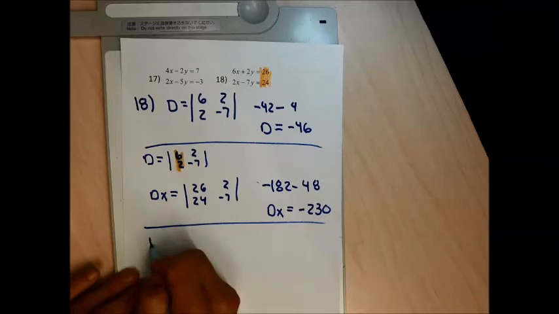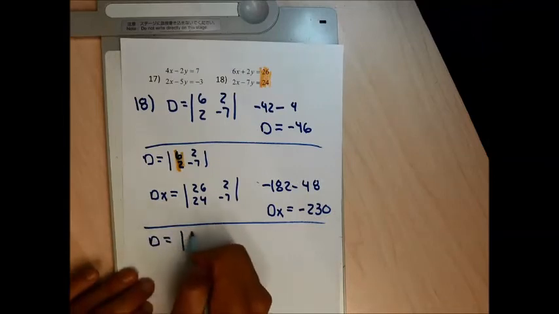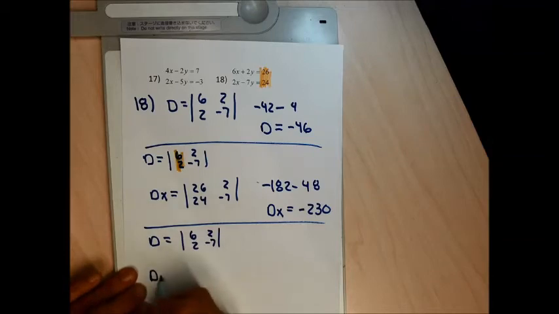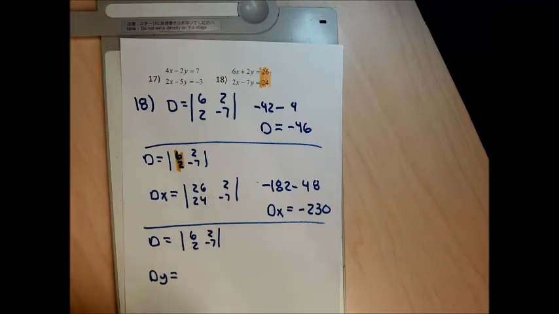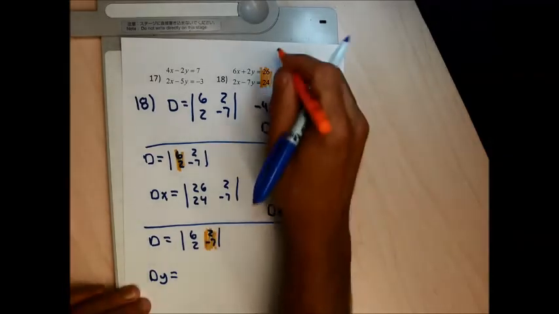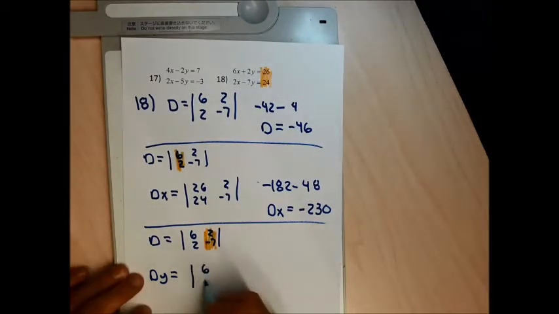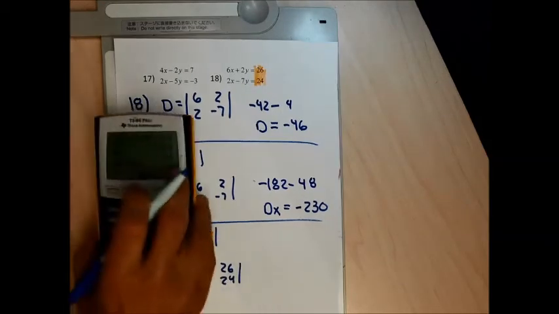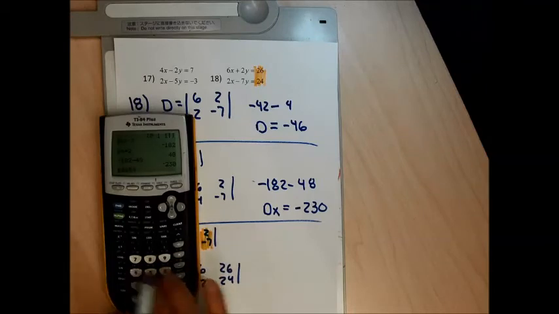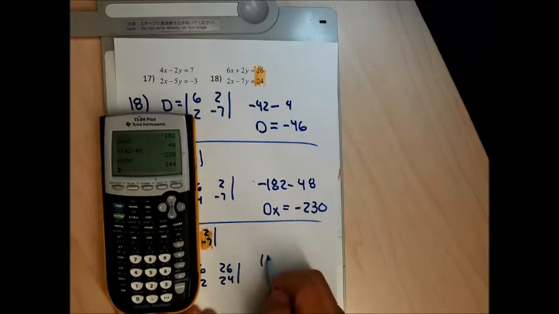Moving on to my D sub y, so I'm going to write down my D again, which is 6, 2, and 2, negative 7. And from the D matrix, I'm going to change the y column to that 26, 24. So I'm going to get 6, 2, 26, 24, cross multiply down. 6 times 24 equals 144.